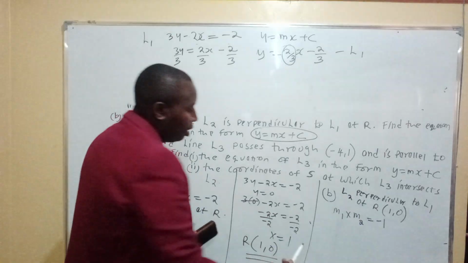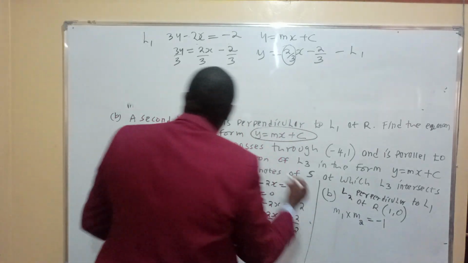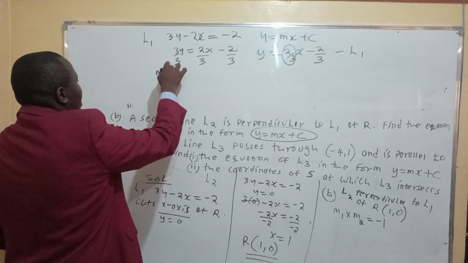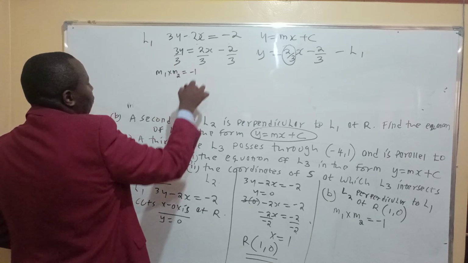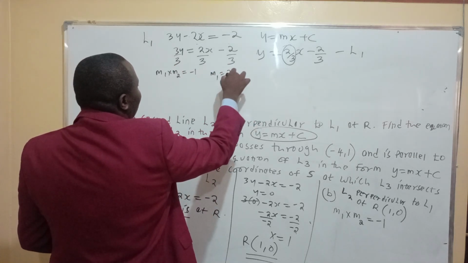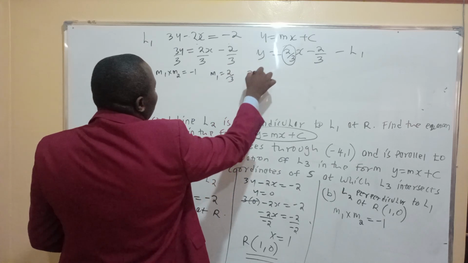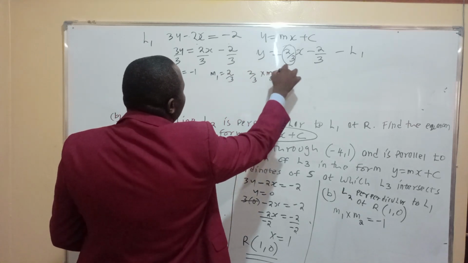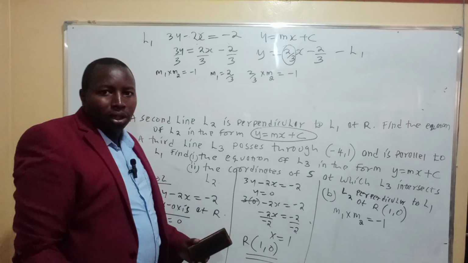We go to the concept that M1 times M2 equals -1. Our M1 is 2 over 3, so 2 over 3 times M2 is equal to -1.